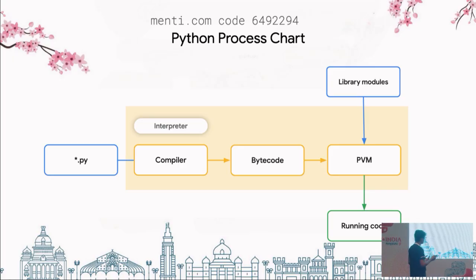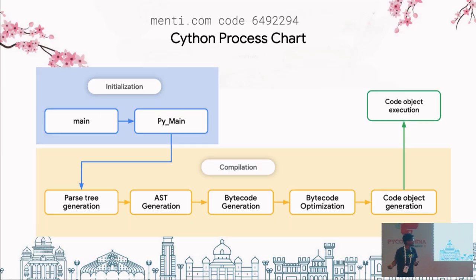Then once we move to Python, we'll go through how Cython is different. In Cython, as you can see, the compilation stage is explained a bit more in advance, and it happens before.